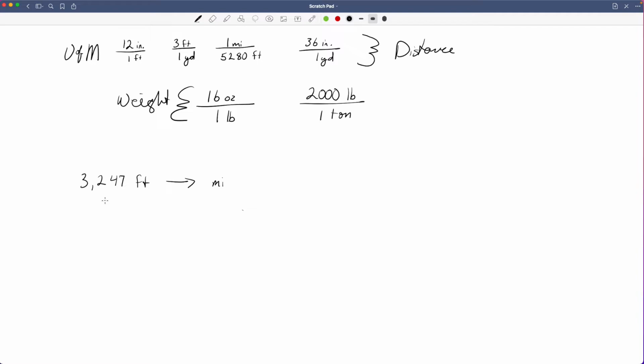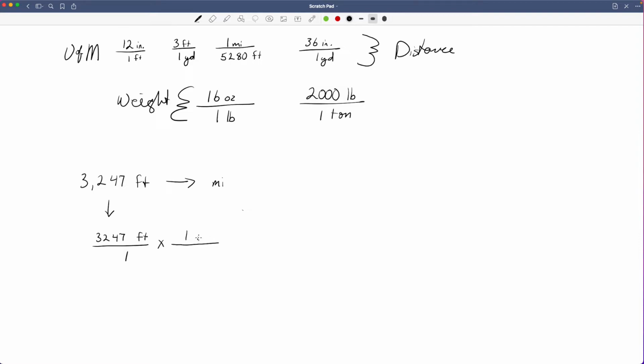But we can still use our method that we just learned, and it will still be correct. So we're going to turn that into a fraction, 3,247, and we'll treat the unit of measure like a variable. Put it over 1, and then we're going to multiply. And because we have feet in the top, now we're going to put feet in the bottom.